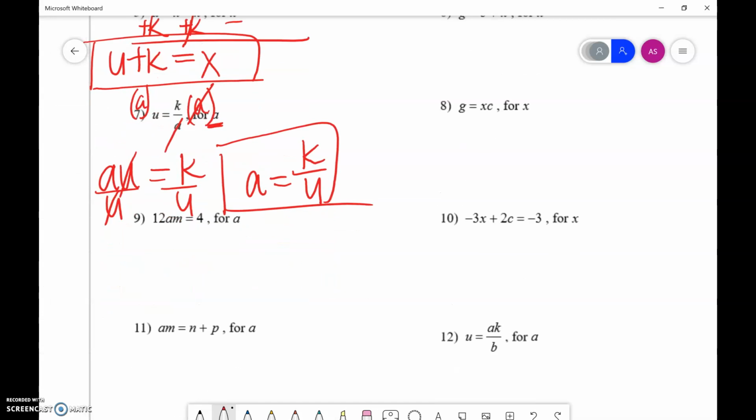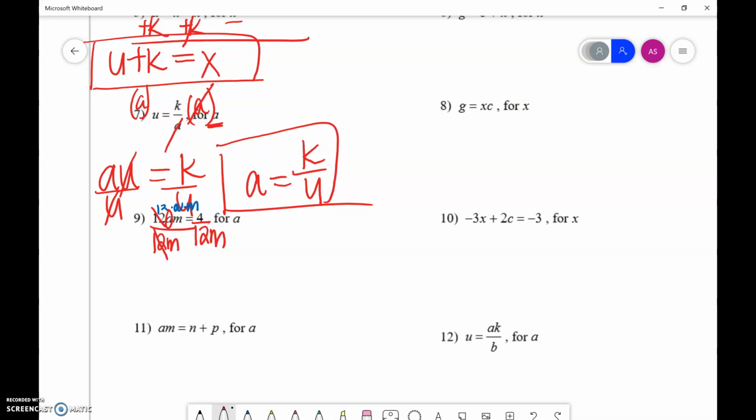All right. My next one, I have 12am equals 4. So you have to think of this as 12 times a times m. That operation, even though we have 3 different terms there, is still multiplication. So if I want to get rid of my 12 and my m, I have to divide by 12m on both sides.